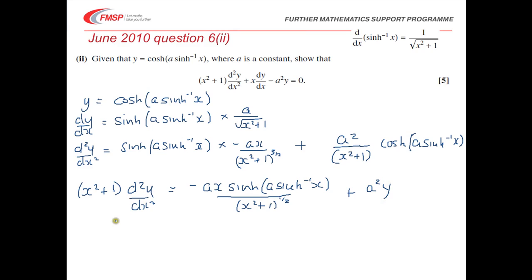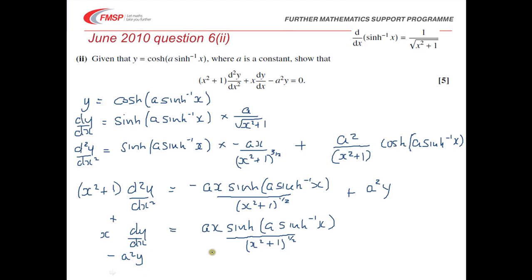We're then going to add on x lots of dy by dx, and adding that on, x lots of dy by dx is going to be ax sinh a inverse sine, again over x squared plus 1 to the power of a half. And now you'll see that these two are going to cancel out, and then the last thing we have got to bring in is minus a squared y.